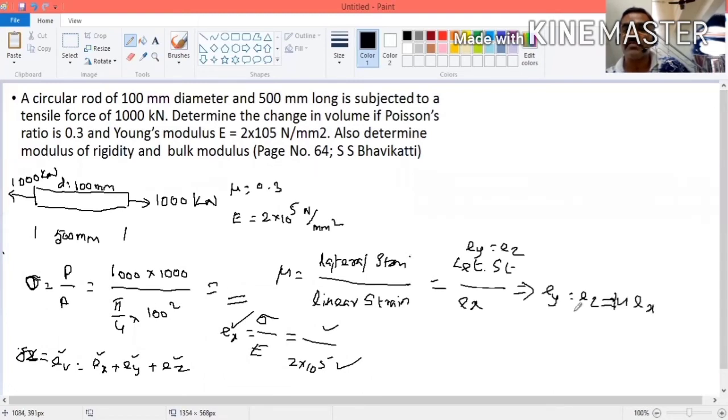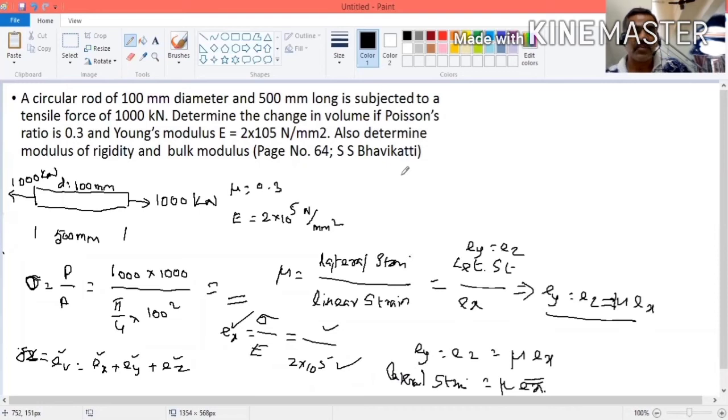Always, if you want to find lateral strain, Ey or Ez is equal to mu into Ex. So now we have calculated Ex, Ey, Ez. Now we add Ex plus Ey plus Ez. Now we calculated volumetric strain.